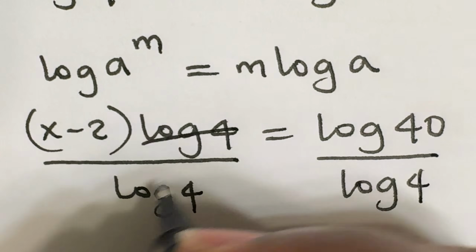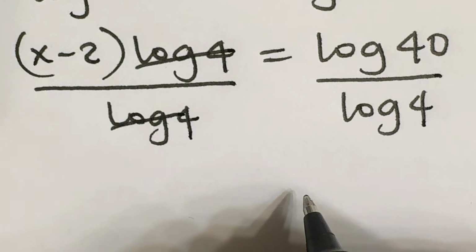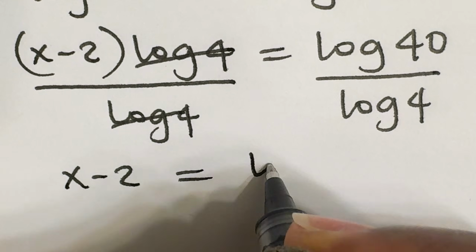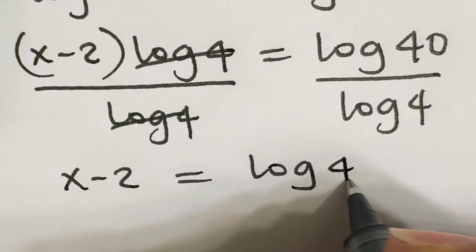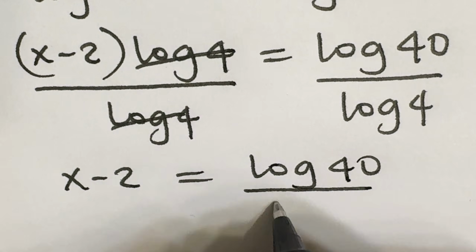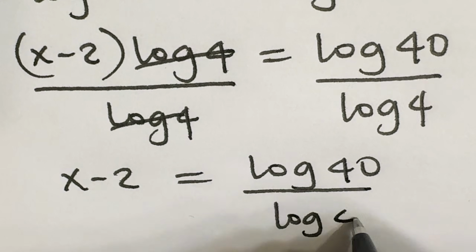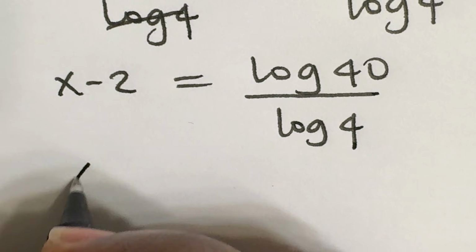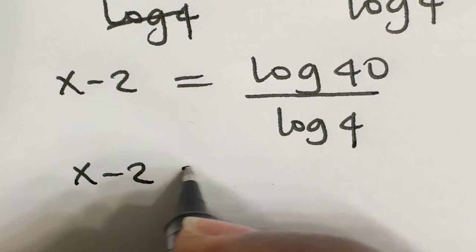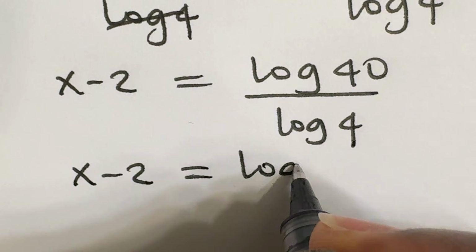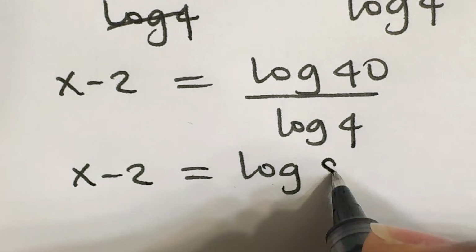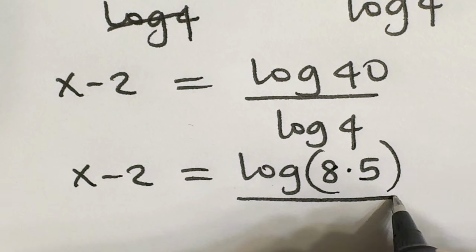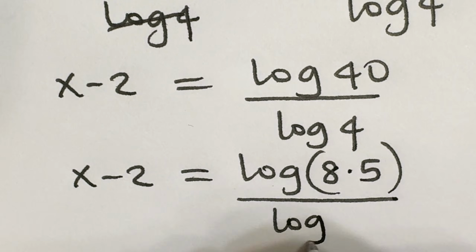So that log 4 cancels log 4 here, leaving us with x minus 2 is equal to log 40 divided by log 4. Then I will express this as x minus 2 is equal to log of 8 times 5, divided by log 4.